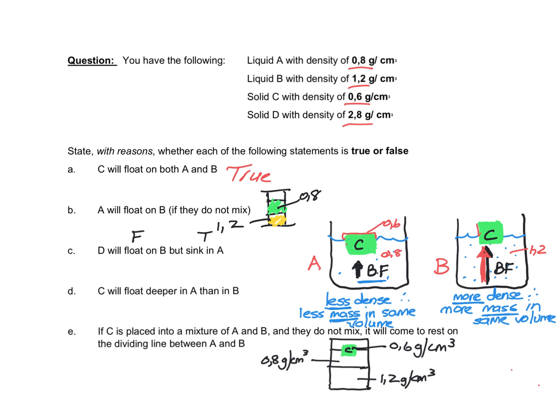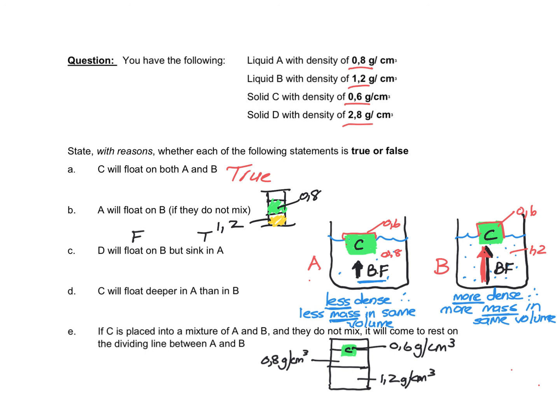So actually you can see that there's a greater portion of C that is above the water compared to in this diagram over here. So C is 0.6 and this water is 1.2, and because there's such a great difference, this is pushing up on C and it actually floats much shallower than in A.